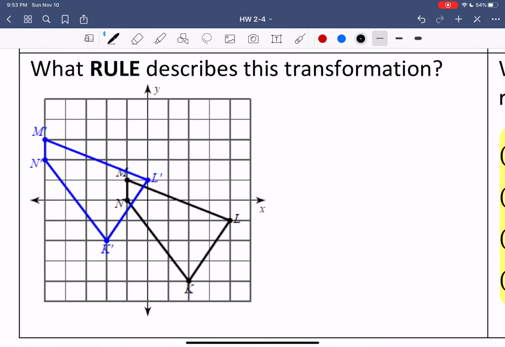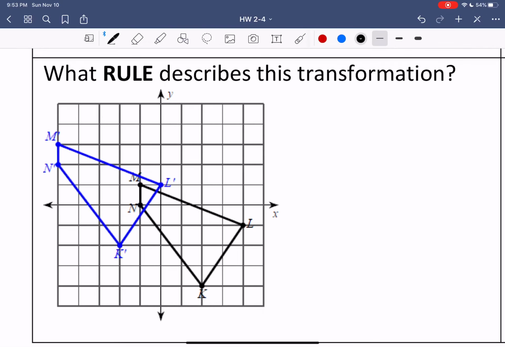So on this one, they're asking what rule describes this transformation. So I'm going to go ahead and label my two triangles. This one will be our pre-image, and then the one that indicates our image will have those prime markings on the shape.